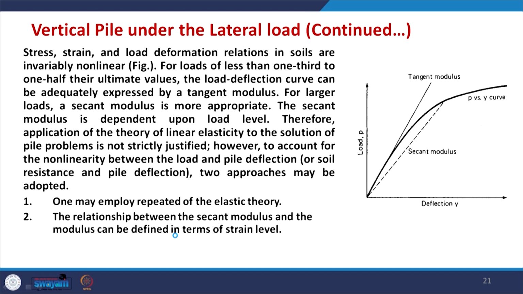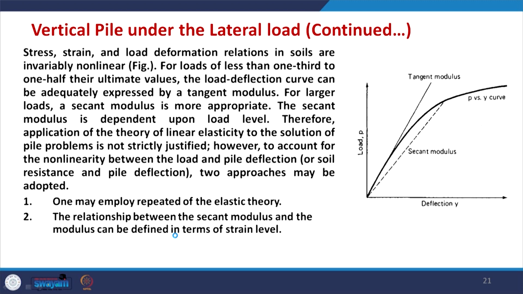When we talk about a vertical pile under lateral load, the stress, strain and load deformation relationships are invariably nonlinear, as shown in this figure. For loads of less than 1/3 to 1/2 of their ultimate values, the load deflection curve can be adequately expressed by a tangent modulus, as shown here.